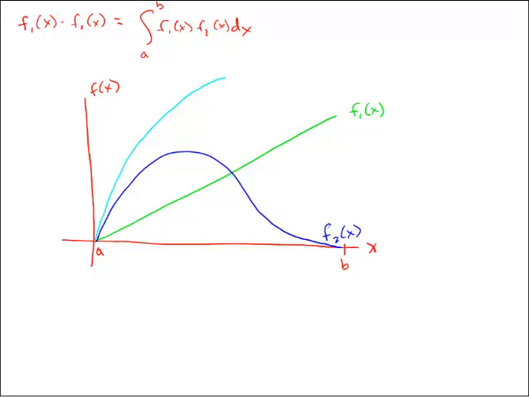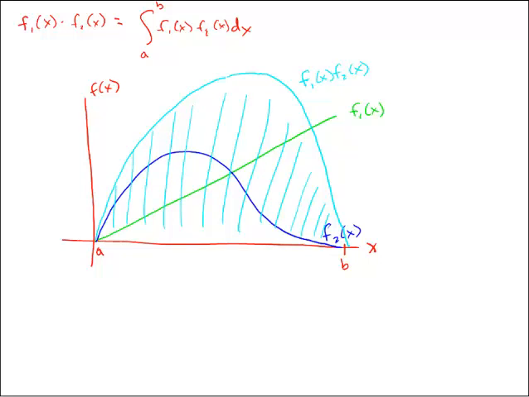That's not too bad, right? I think that's okay. So that's the product of f1 of x and f2 of x. And then the integral is just the area under that curve. So the integral of f1 of x and f2 of x from a to b dx is just the shaded area.